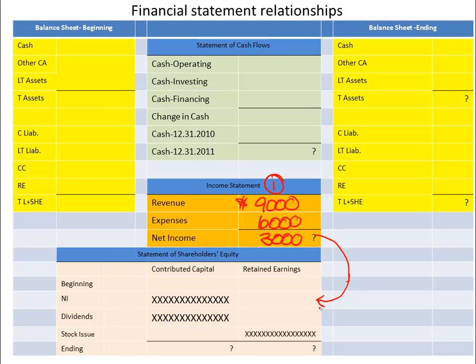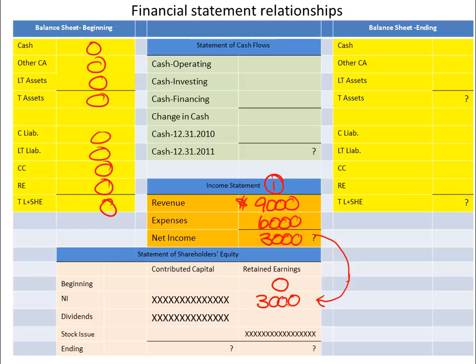Now, since this is a brand new company, the balance sheet at the beginning of the year had nothing in it. So during the year, when we began operations, we earned or sold and matched those sales with their expenses and came out with a net income of $3,000.